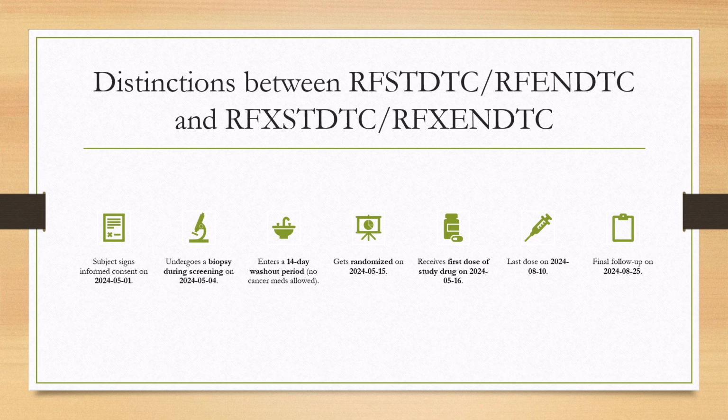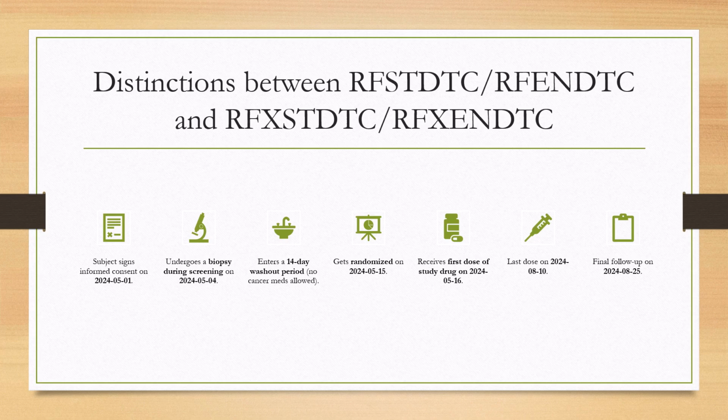After that, they entered a 14-day washout period where no cancer medication was allowed. They were randomized on 15th of May 2024, but received the first dose of study drug on 16th of May 2024. They received the last dose on 8th of August 2024, and the final follow-up was done on 25th of August 2024.